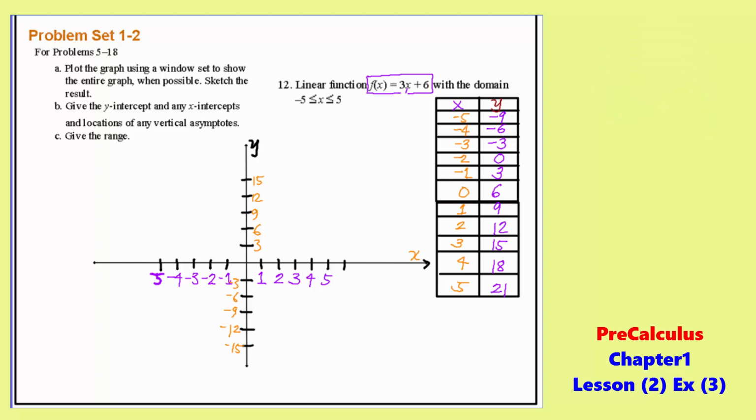Now let's add something here so that we can still add 18 here. And now we are going to plot the points. If x is equal to negative 5, our y is equal to negative 9.